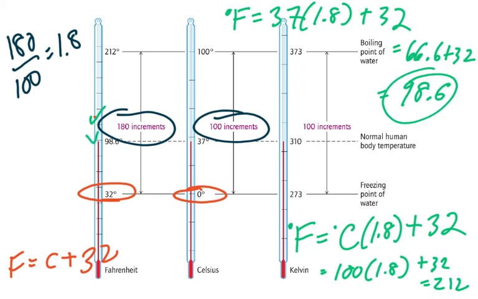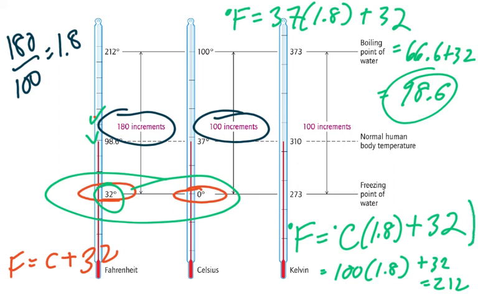And if we plug in 0, 0 times 1.8 is 0, plus 32 is 32. So it seems to be working. So we just came up with a conversion between Celsius and Fahrenheit.